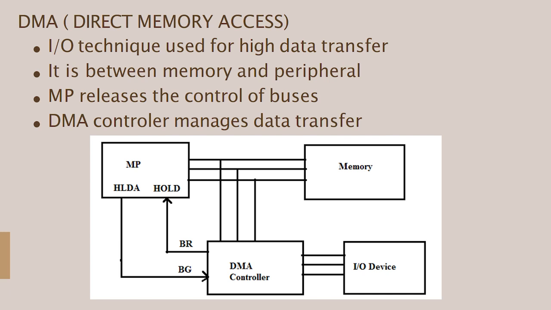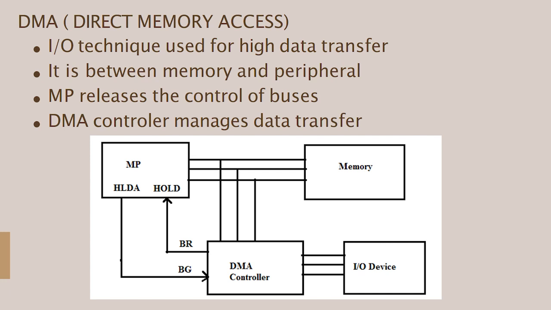So the DMA concept is used when we have to transfer a large amount of data, and it is a technique for high data transfer. The speed is very high when data is transferred with the help of the DMA.